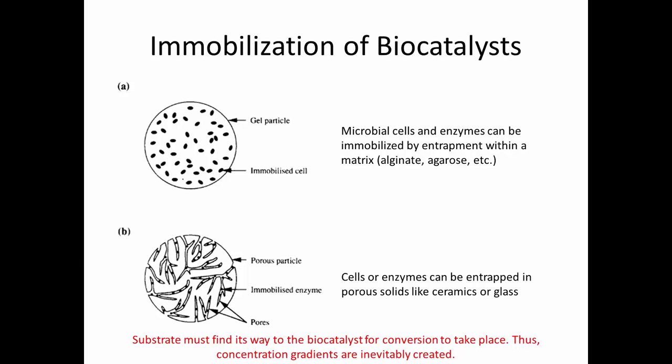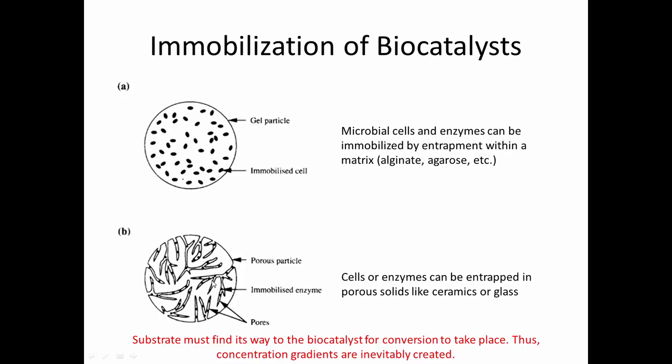And then there are also porous solids that can be used where we entrap cells or enzymes in pores. As you can see here, they can be entrapped in solids like ceramics or glass. These are common beads that are used.